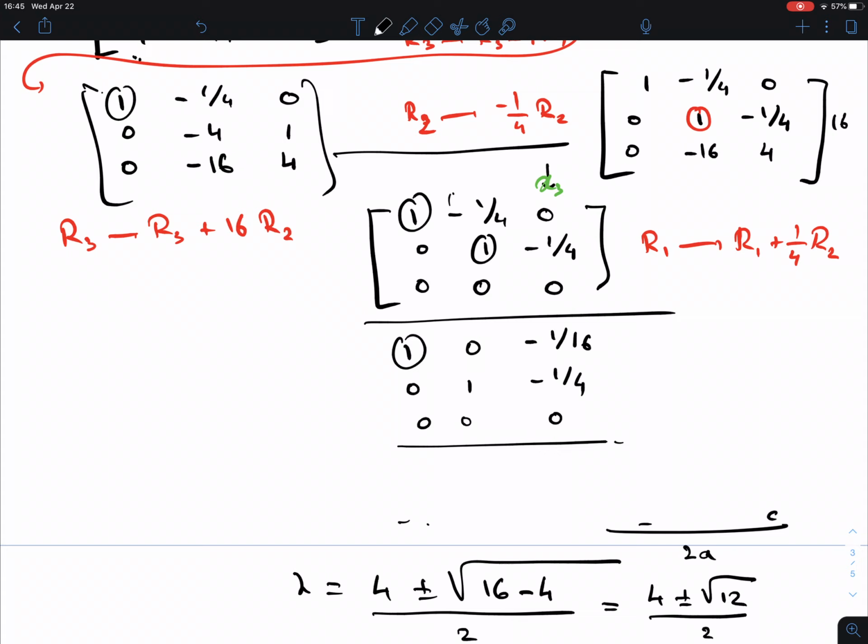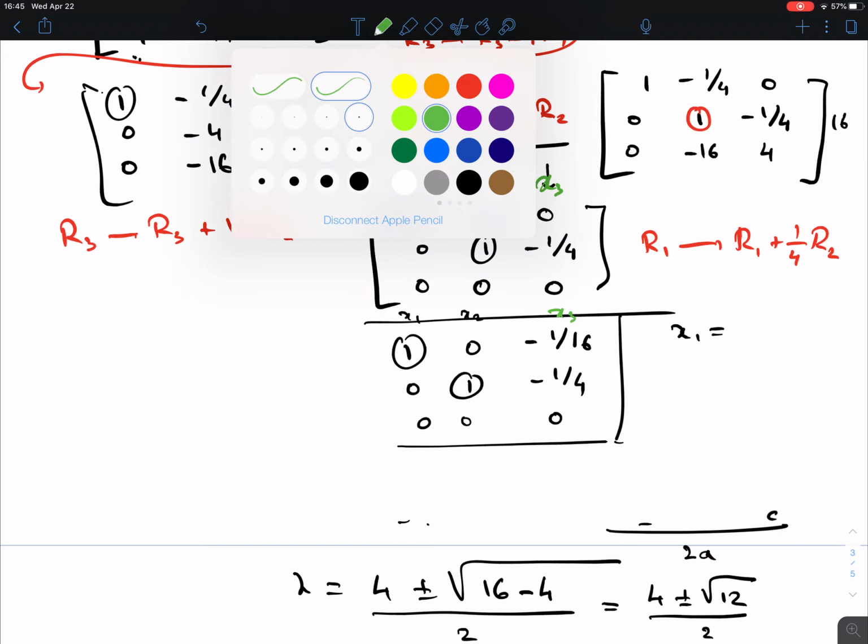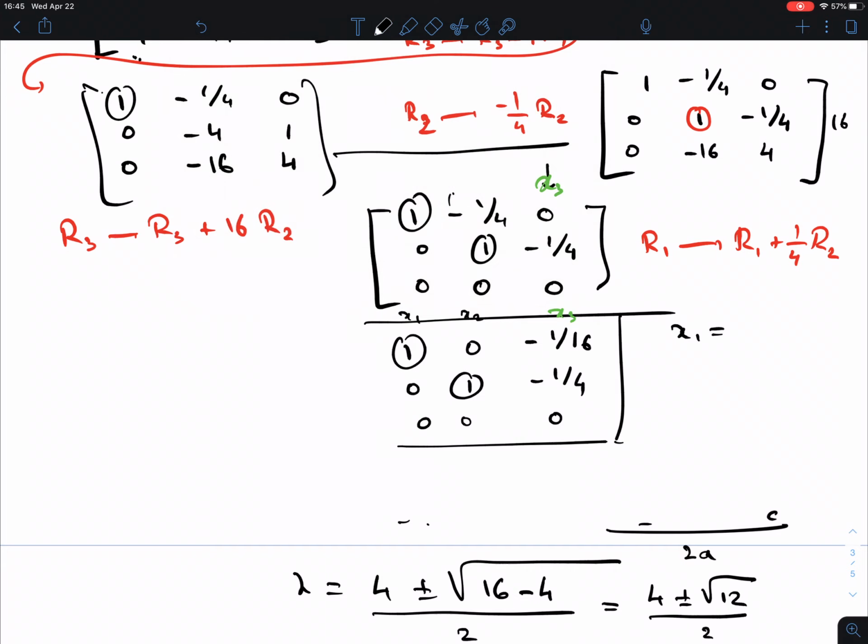Okay, these are my pivots, and I can write this now. Remember, this is X1, this is X2, and this is the free variable X3. Okay, so we solve for this system. Perhaps it's better to write it as a matrix, as a column, I mean.